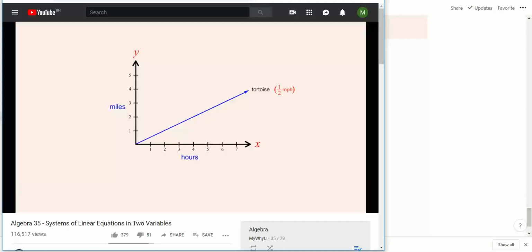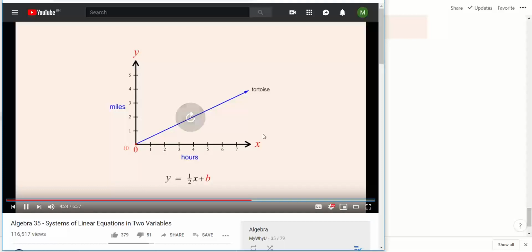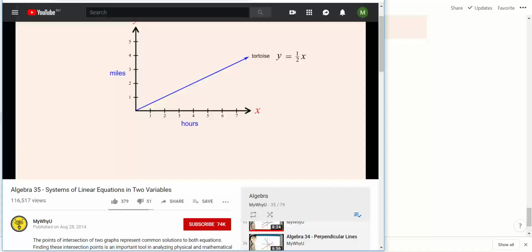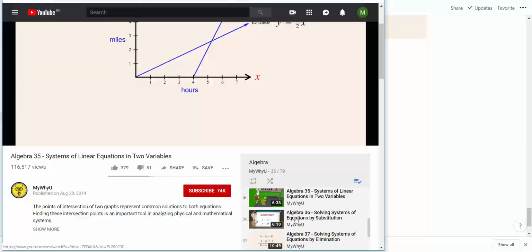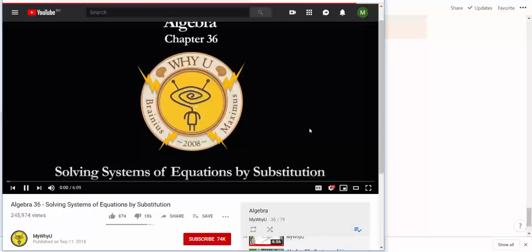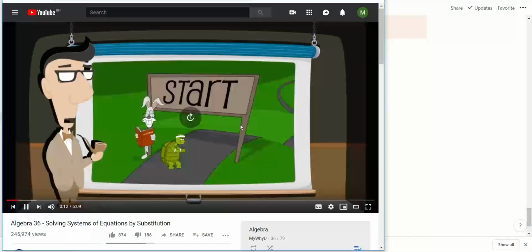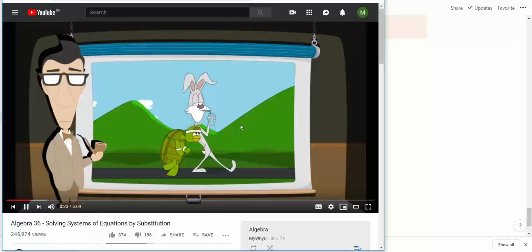So the slope of this line is 1/2, and the equation is y equals 1/2 x. Next we need to derive the equation for the hare.